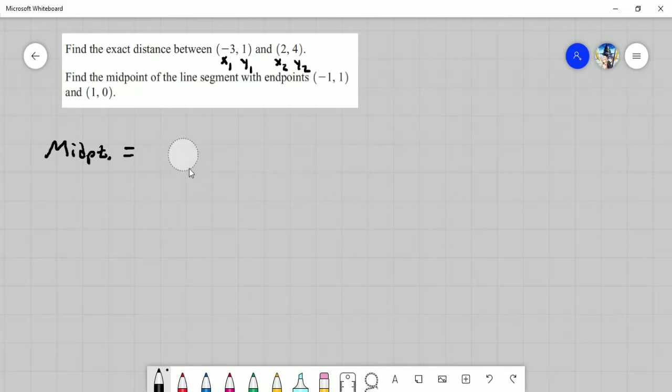Since we are dealing with points that have an x and a y value, the midpoint is the same, but it has more in it, since we're dealing with x and y values. So whenever we're trying to find the midpoint between 2 points, 2 ordered pairs, the midpoint formula will be x1 plus x2 divided by 2, and then y1 plus y2 divided by 2.